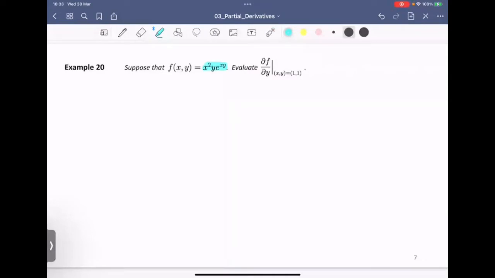All right, so this time I want you to evaluate the partial of f with respect to y at the point (1, 1). So again, you need to differentiate with respect to y. That means you have to keep x constant. Every time you do the partial derivative, think this way first.